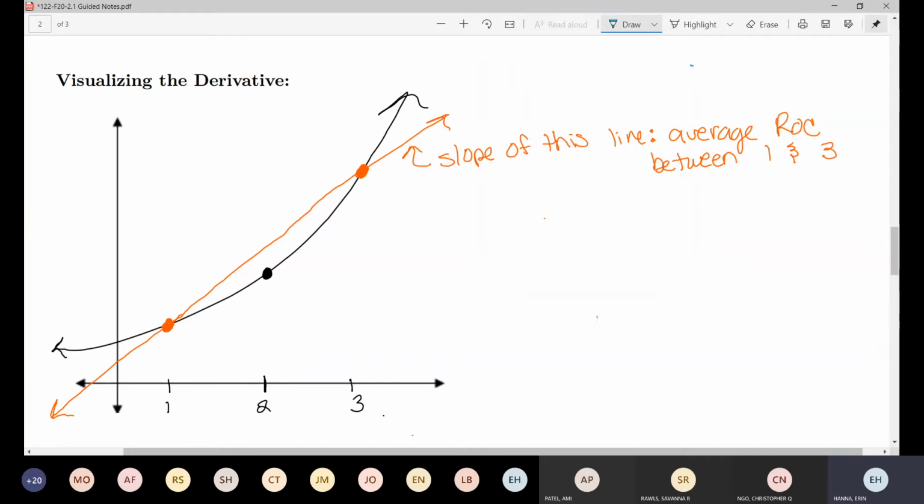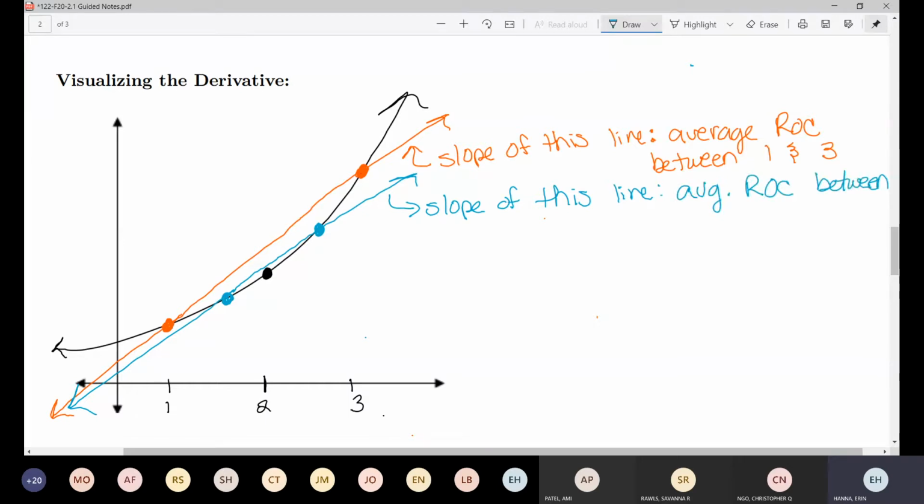But what if I start getting closer to 2, which is the thing that I said I actually care about? Let me take 2 points that are closer to 2. Let me find the slope of that line. Well, the slope of this line is the average rate of change between, let's say, 1.5 and 2.5.